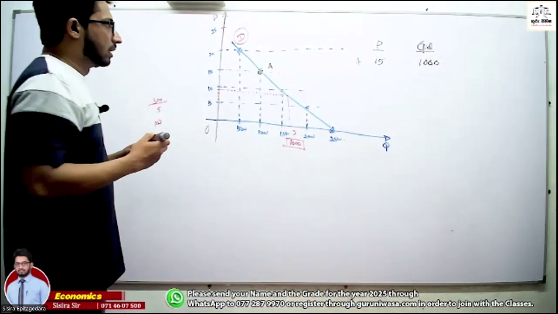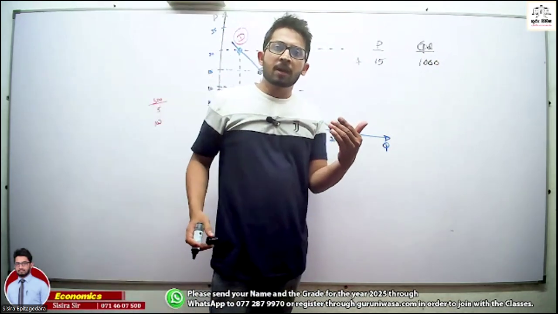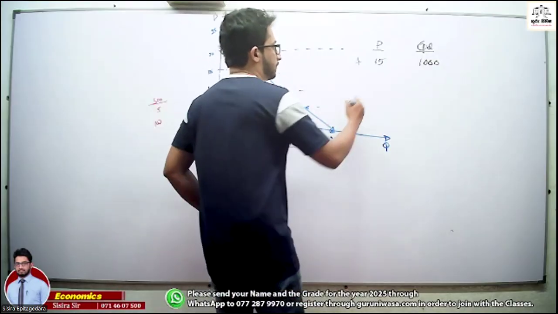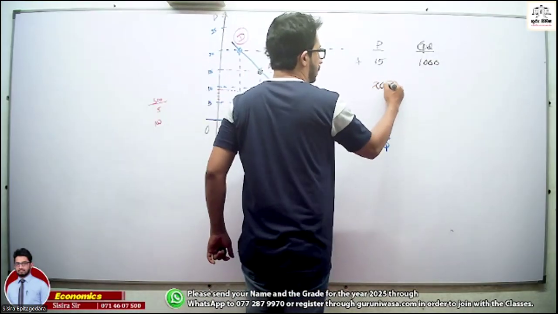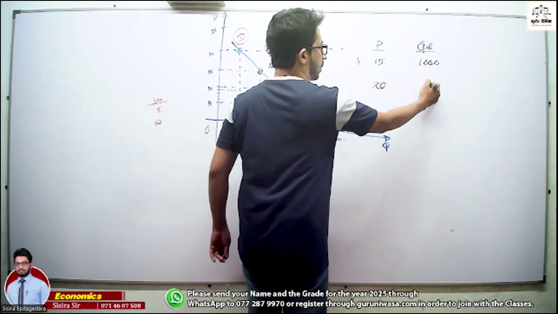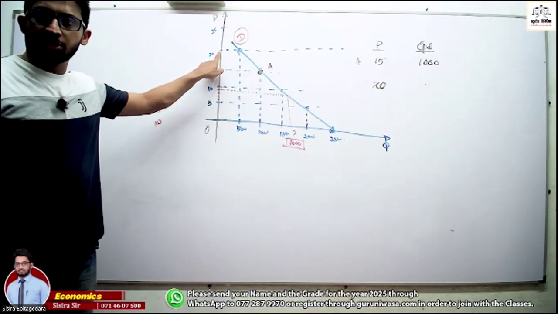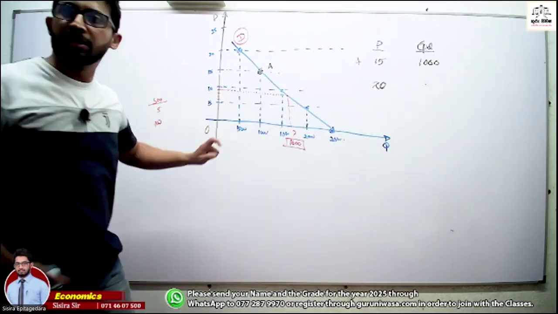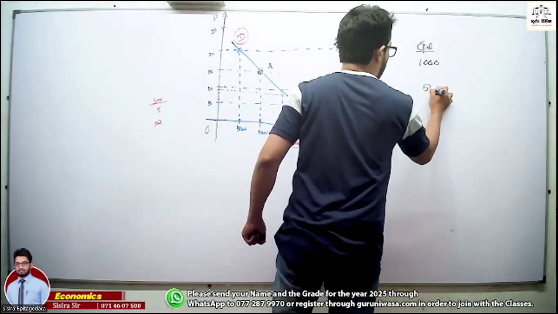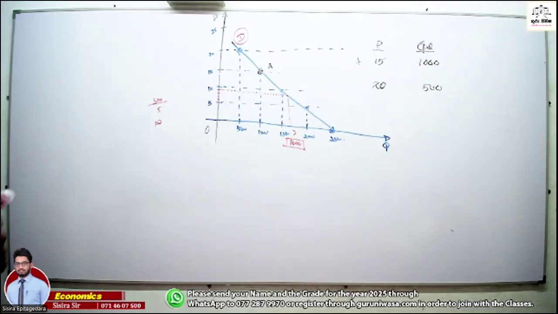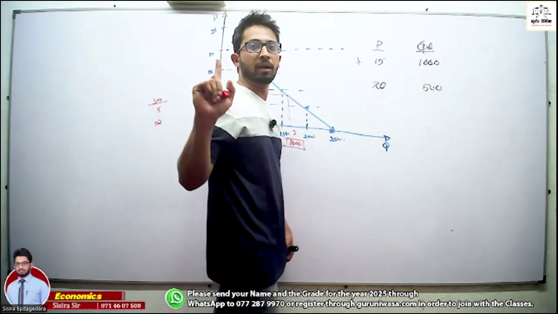Is that clear? Now, if product price rises to $20, what happens to quantity demanded? At $20, demand is 500 units. What happens when price rises? Look at the board. This is a very critical point.